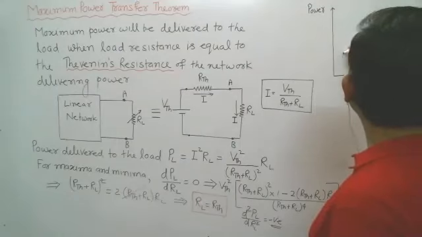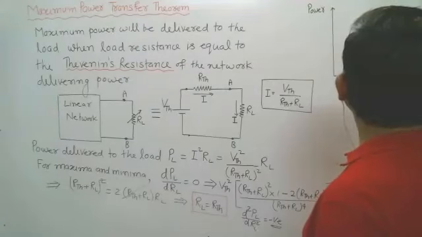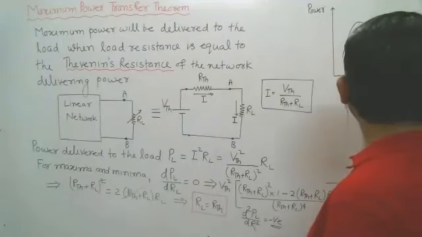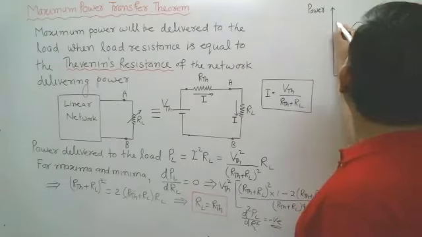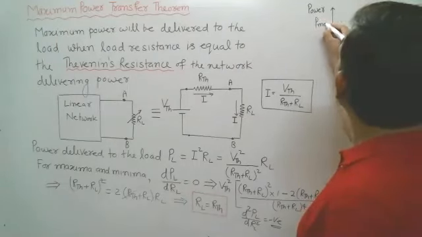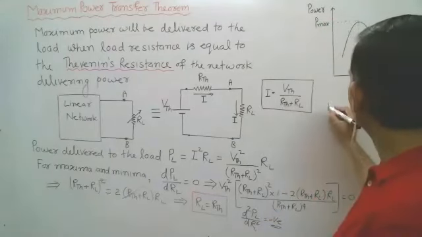So in this case, you will see this value is 1. It means when RL is equal to RTH, you will get P maximum. So what will be P maximum?